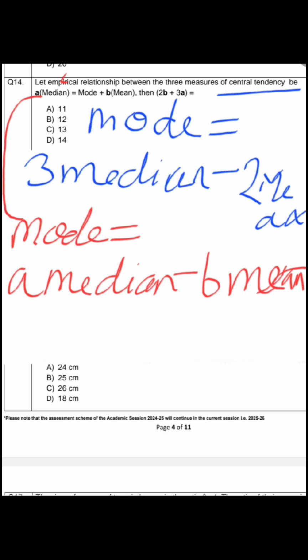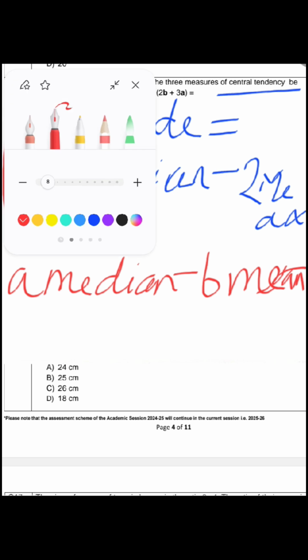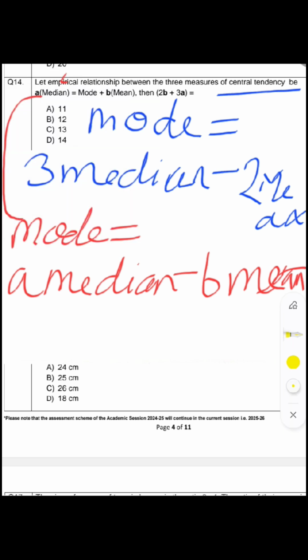Now we need to find here 2b plus 3a. Now we are changing the color. You see here, compare both formulas.